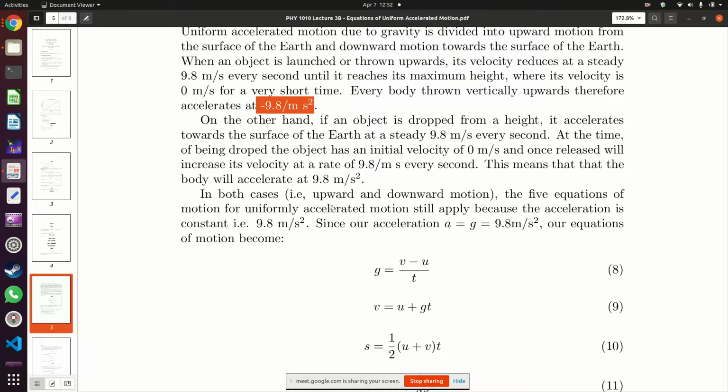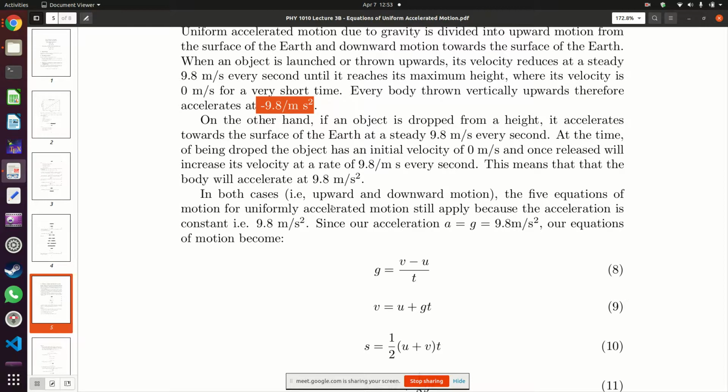The difference is that when an object is going towards the surface of the earth, it gains speed. When it's moving away from the surface of the earth, it reduces in speed. So the difference is the sign. Moving towards the surface, your acceleration has a positive sign. Moving away, it has a negative sign.